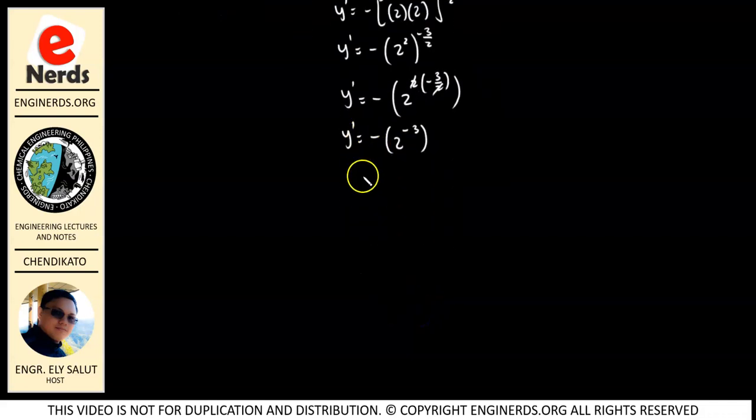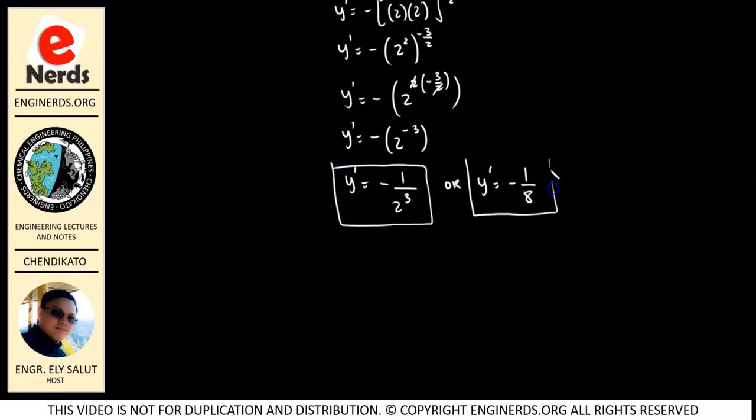Therefore, y prime is equal to negative 1 over 2 cubed, or y prime is equal to negative 1 over 8. And this is our final answer here.